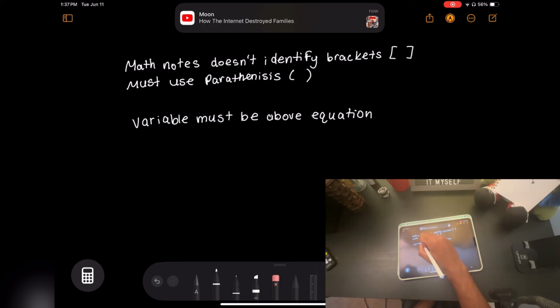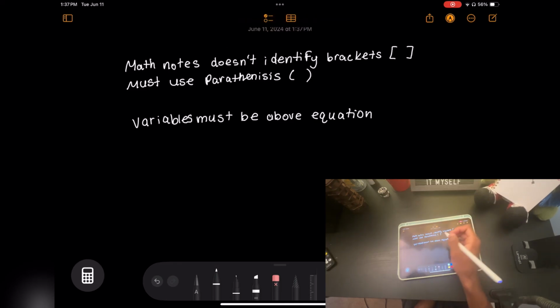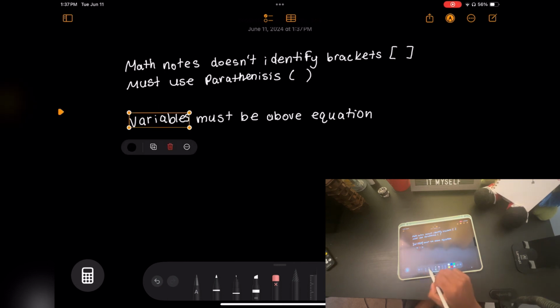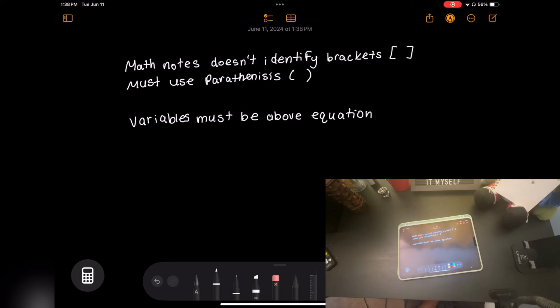The variables must be above equations. So it's kind of like coding. When you code, you have to identify the variable or create the variable basically, and then you can write what you want to do to the variable underneath. It does not go the other way, if that makes sense. You cannot write the equation and then write what the variable is equal to. It's declare a variable. That's what I'm looking for. To declare a variable, it must be above the equation that you want it to change, want to impact or influence, right?